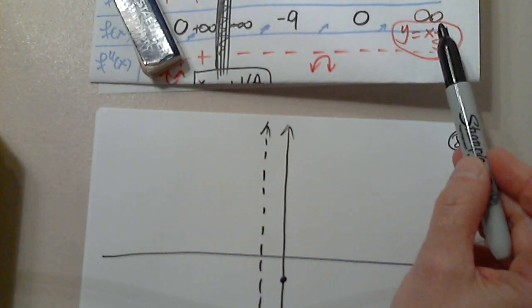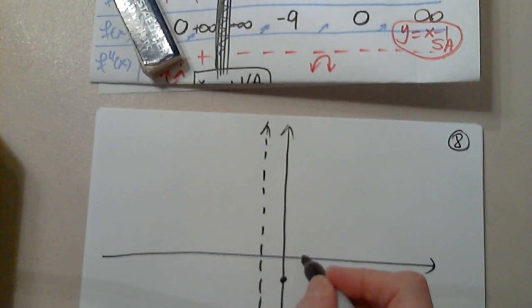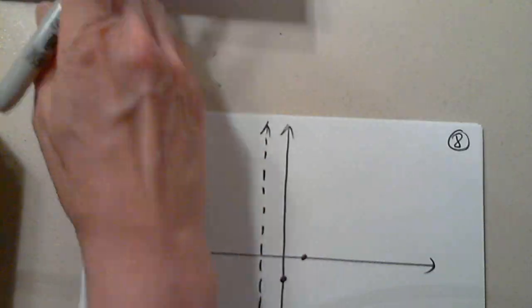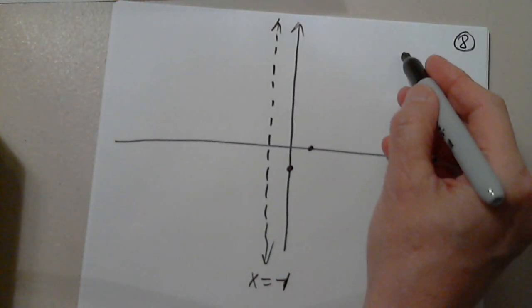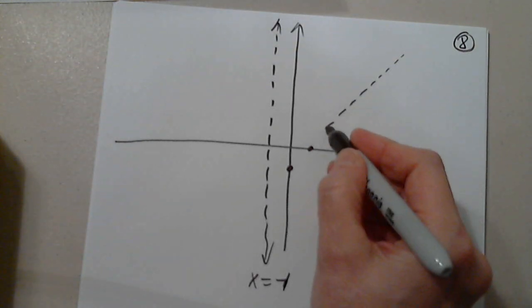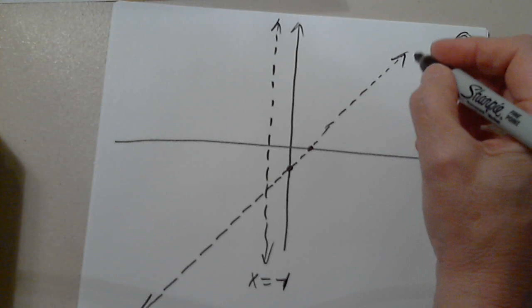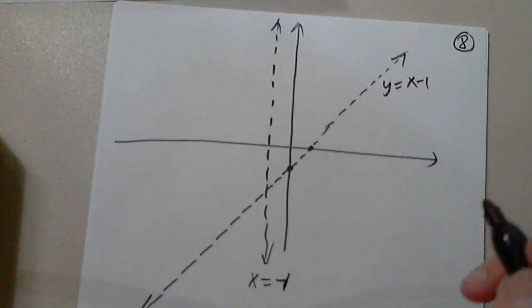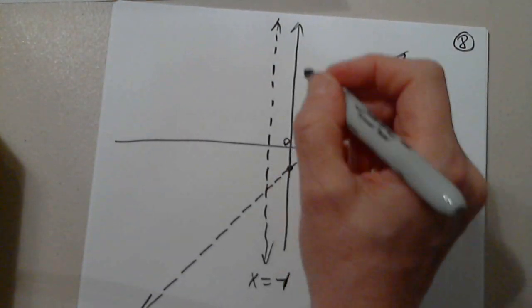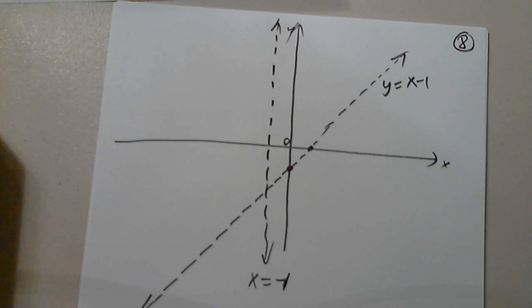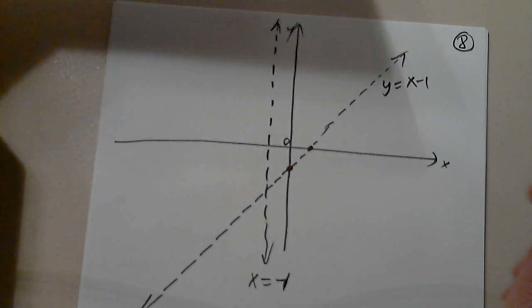When y is 0, x is 1. So y equals x minus 1. Now I will graph what I need to graph.